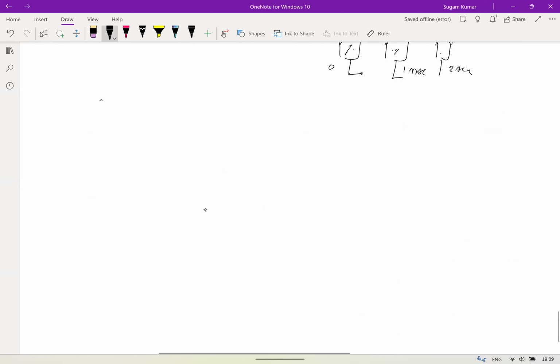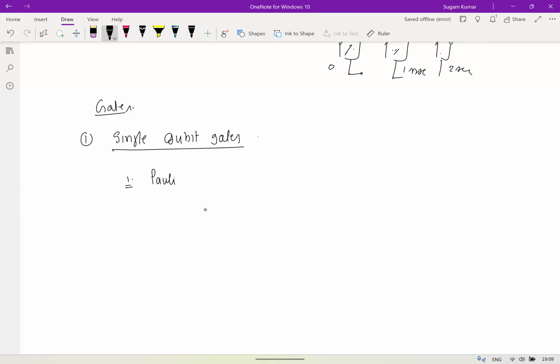So we were talking about this gate, and let me summarize. We are talking about single qubit gates. In this, I talked about the Pauli X gate, nothing but 0, 1, 1, 0.